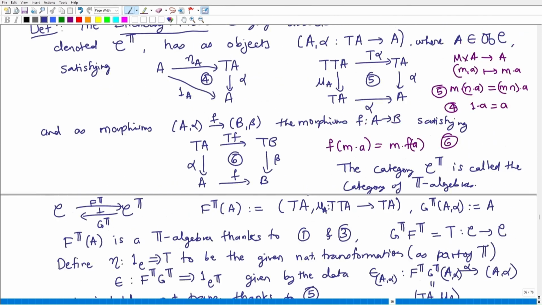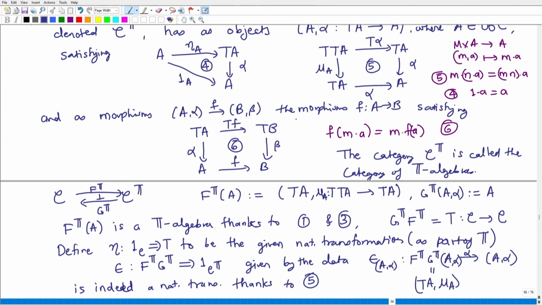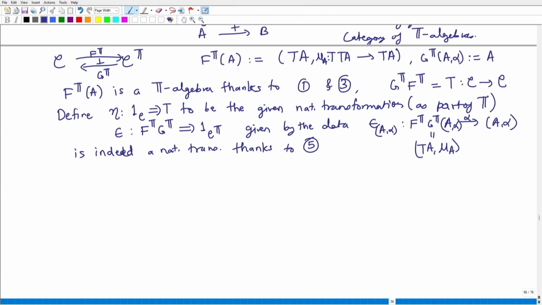Okay, please observe that 5 is nothing but 6 in the special case that B beta is A alpha and A alpha is TA mu A. Okay. Good. So far so good. So epsilon is indeed a natural transformation.